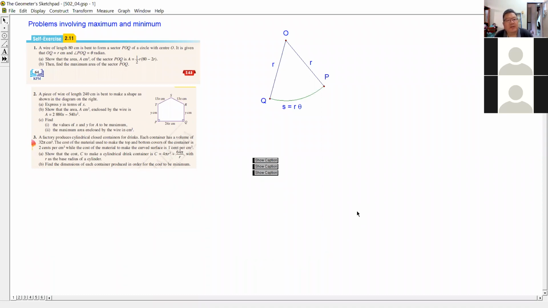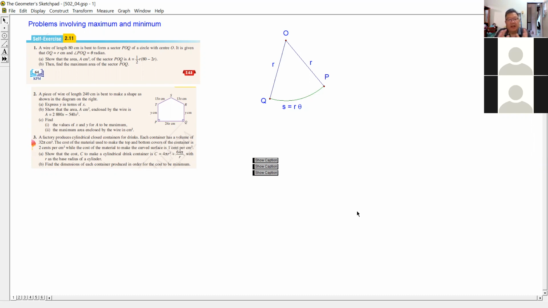Now these problems involving maximum and minimum are actually similar to our turning points. In graphs, the equation shows us the graph, and we have a maximum point and minimum point.